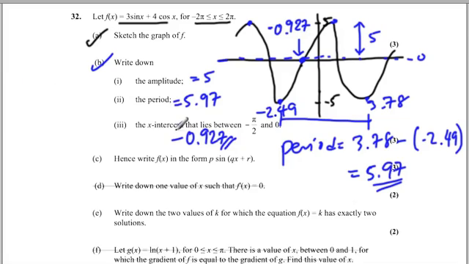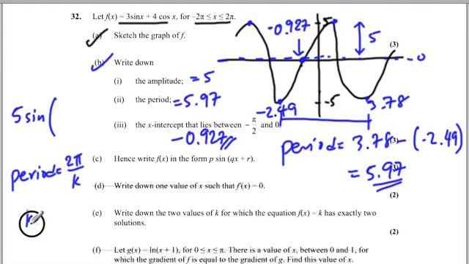So in other words, our equation is our amplitude, which is 5, and it's sine, okay? Now, we need to find what our k value is. So remember, the period is equal to 2 pi over k. So k is really 2 pi over the period.